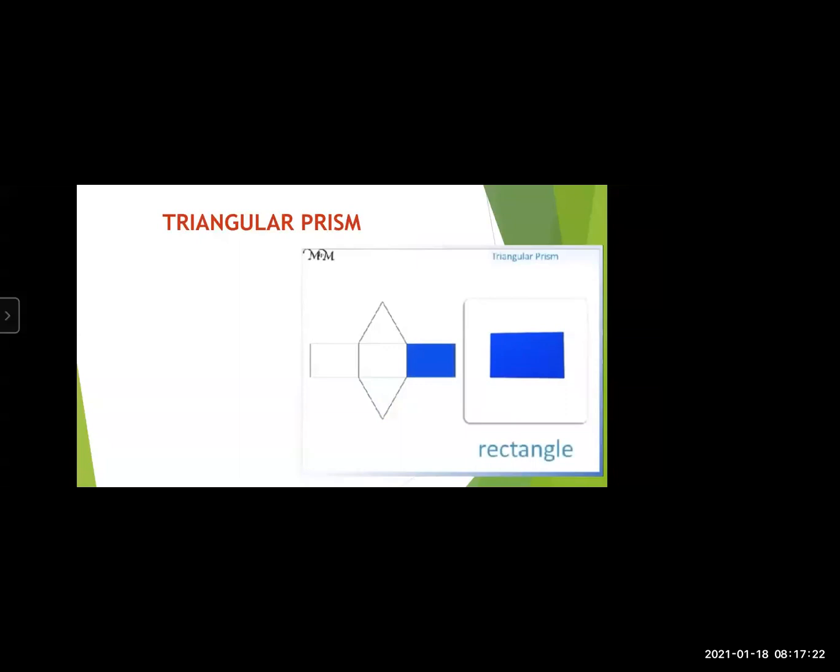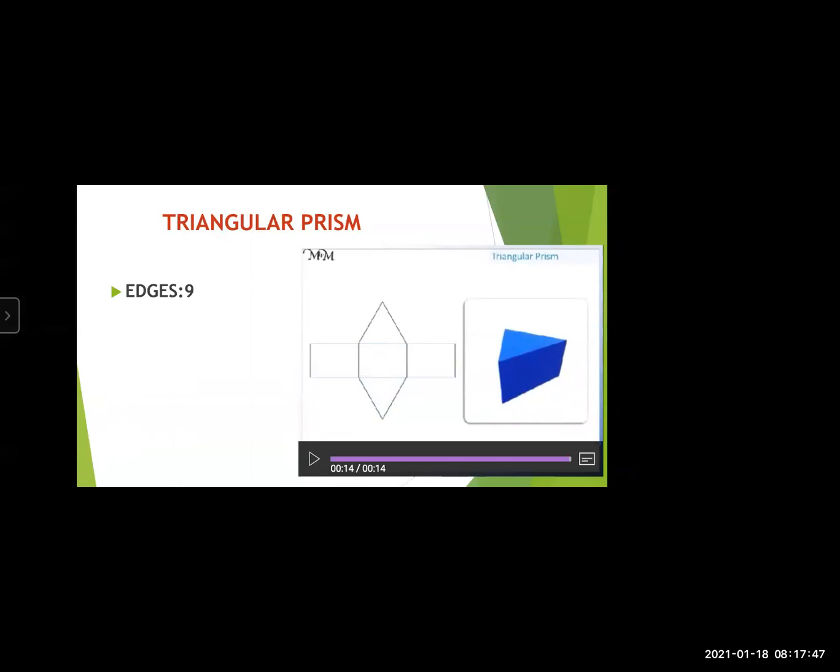Six faces, rectangle, second rectangle, triangle, okay. So it has 9 edges. Edges means sides. It has 9 sides. Vertices.